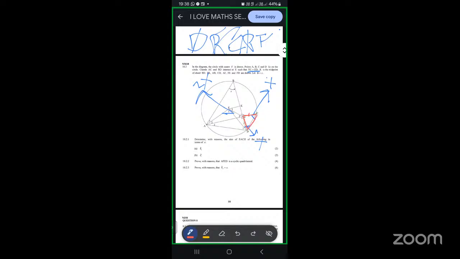Those lines are equal. That is why I say this is the base of an isosceles triangle. Does it make sense to you guys? Yes, sir. Okay, thank you, guys.